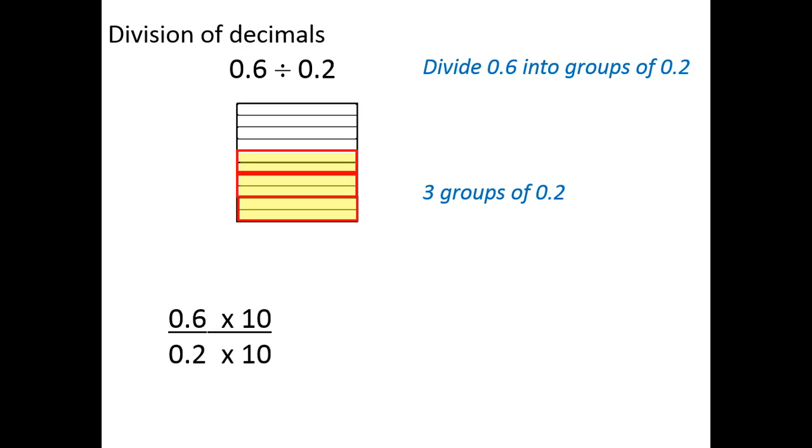So if I multiply the numerator and denominator of this fraction by 10, I end up with 6 divided by 2, which is an equivalent division problem to what I started with. Obviously, 6 divided by 2 is 3. So I can get the same quotient if I multiply the numerator and denominator of the fraction by the same power of 10.